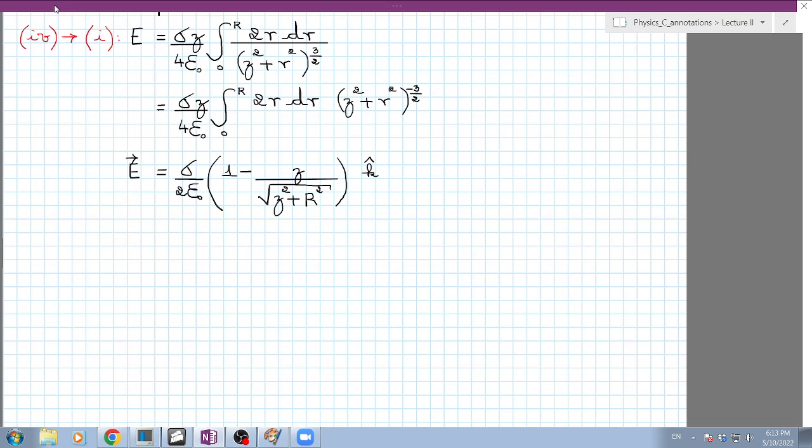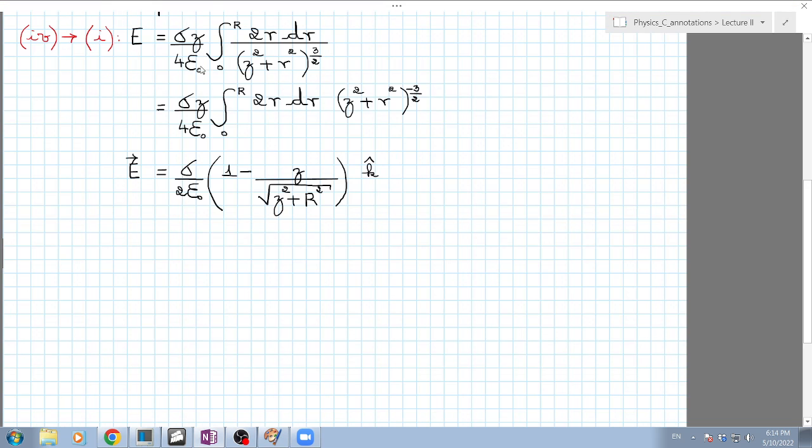We can analyze here for the case where the big R goes to infinity.